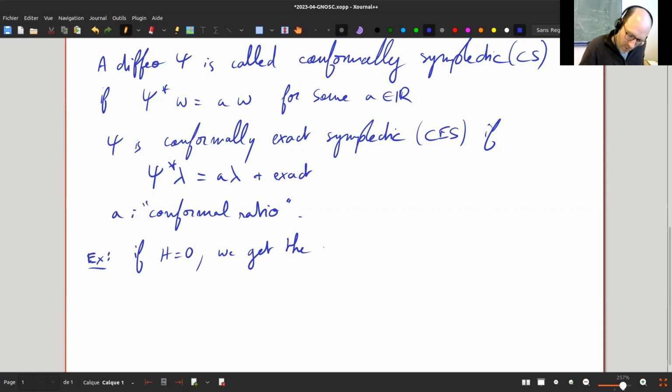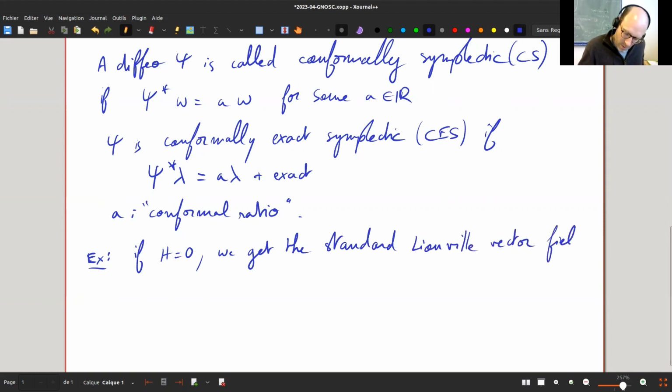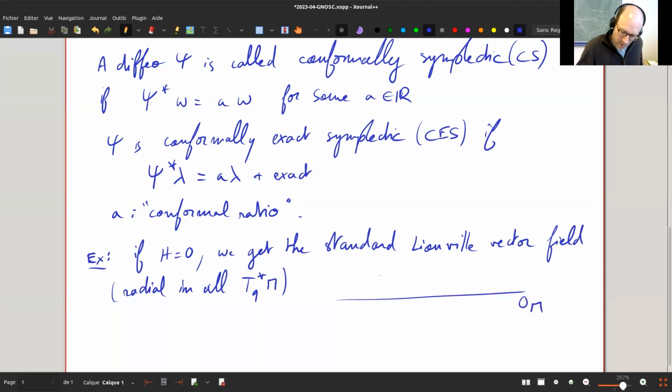So we get the standard Liouville vector field, which is radial in all cotangent fibers T star M. We have the zero section, and in each fiber everything converges to the zero section.